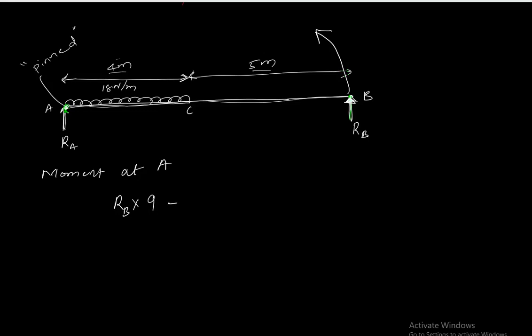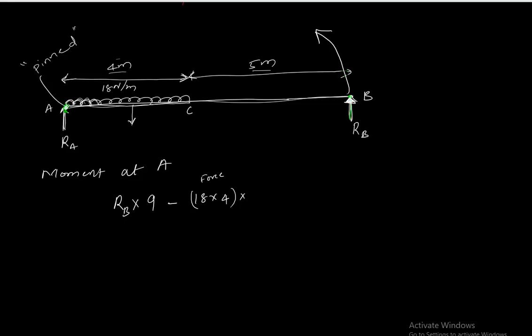and then minus the other load, this uniformly distributed load here. How much is that? It is 18 times 4, that is the force, times the distance. Like we have said before, we always assume the uniformly distributed load is acting at its center.